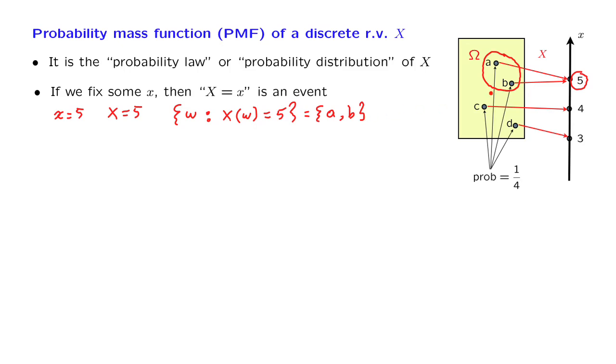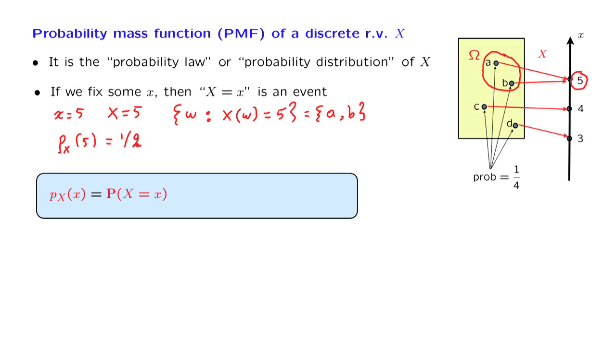It's a subset of the sample space, so it is an event. And it has a probability, and that probability we will be denoting with this notation. And in our case, this probability is equal to 1/2 because we have two outcomes, each one has probability 1/4. The probability of this event is equal to 1/2.